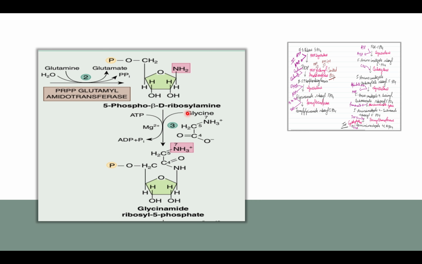So 5-phospho beta D ribosylamine gets converted to glycinamide ribosyl 5-phosphate in the presence of synthetase enzyme, and as you can see, glycine is attached to the amide group, one molecule of ATP is utilized and magnesium is used as a cofactor.